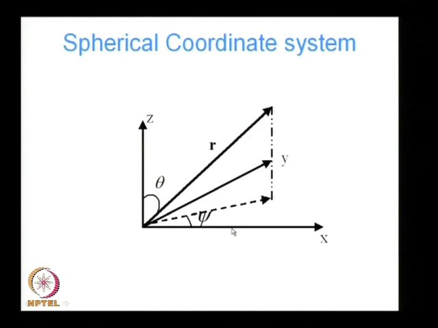So, in this system theta can go from 0 to pi, while psi can be anywhere between 0 and 2 pi.